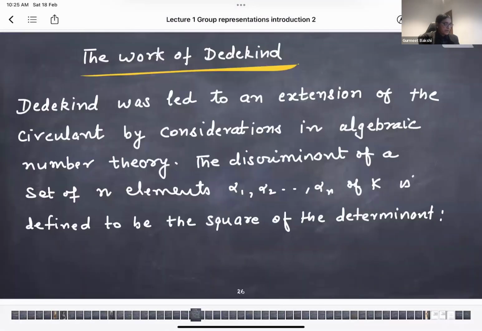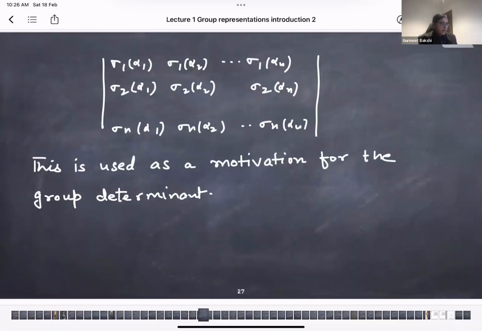The work of Dedekind led to an extension of the circulant by considerations in algebraic number theory. Instead of cyclically rotating them, you give a group action. The discriminant of a set of n numbers, alpha 1, alpha 2, up to alpha n of K, is defined as the square of the determinant of this matrix, where the sigma i's are taken from the Galois group. This was a motivation for the group determinant.